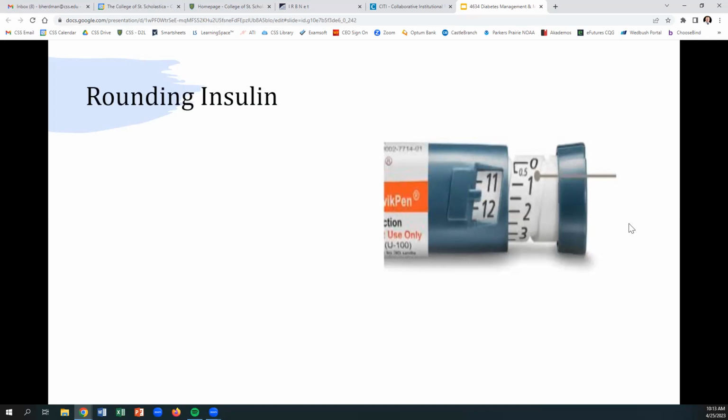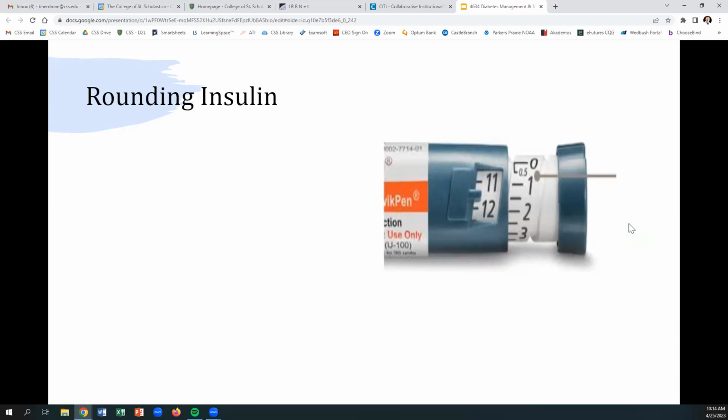So let's talk a little bit about rounding insulin. We know that insulin pens kind of look like this. I want you to think to yourself, what are the rules regarding the rounding of insulin? Can insulin be rounded up to the nearest unit?